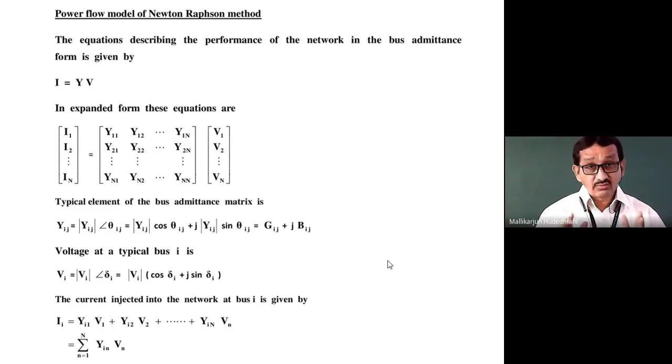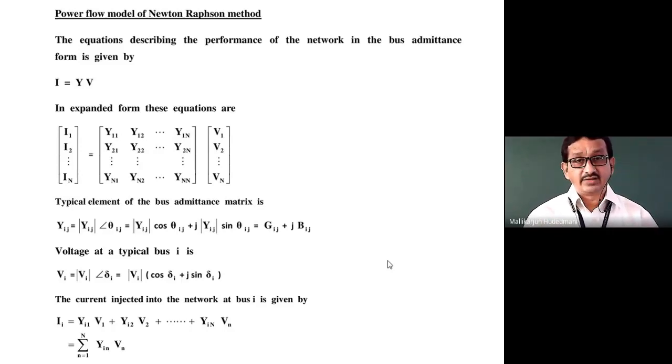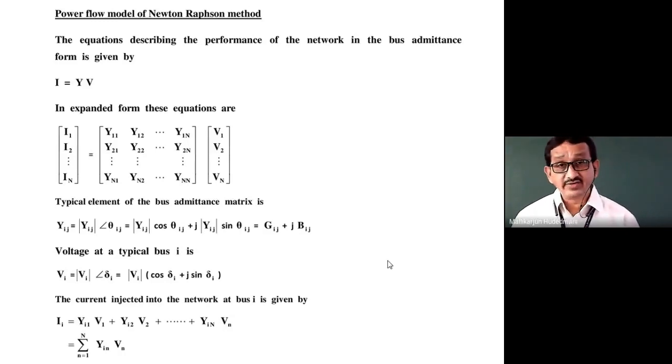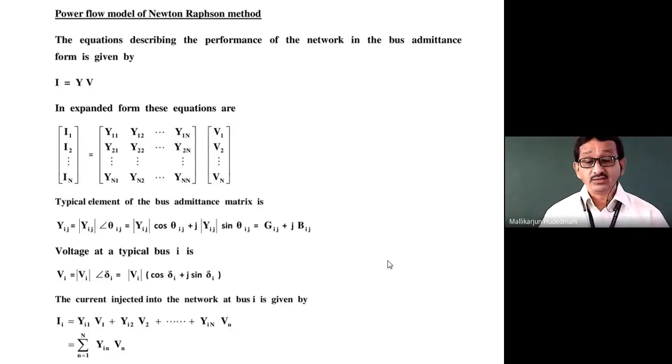Those many connecting transmission lines possess admittance. Of course, they have impedance. When we want to represent them in admittance form, I have to take the inverse of that impedance, and I'll be able to get the net representation of the real-time power system connectivity in admittance notation.